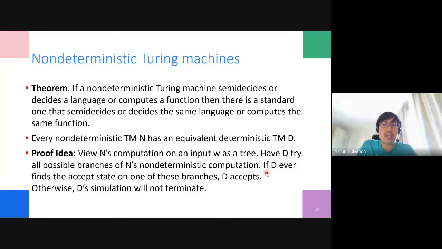The idea is that we build a deterministic Turing machine that performs breadth-first search on the non-deterministic computation, and if D finds the accept state on any of these nodes, then we accept, and if not, we just terminate the simulation. Also, we know the depth already.